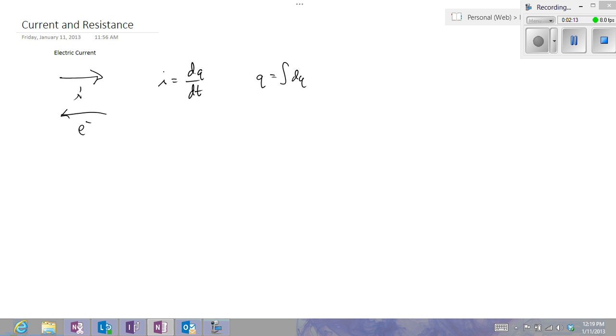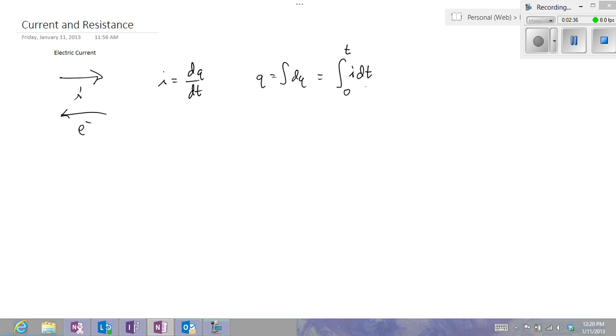If we solve this equation on our left here for dq, that would be the integral of I dt, and we would integrate over some amount of time, from some initial time to some final time. So the total amount of charge that would pass by a position in a circuit would be the integral of the current flow.